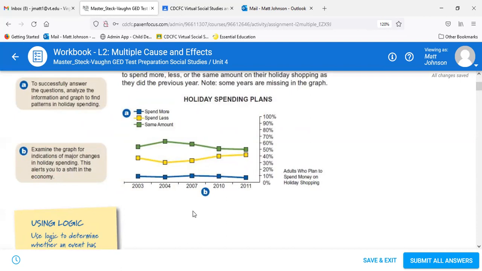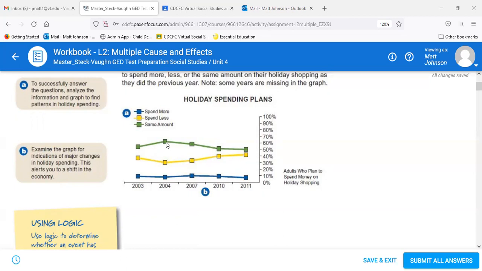Where we're saying, I feel safe spending a little more or the same in the current economic situation. What year looks best there? So the more is 2004, if you look there, right?